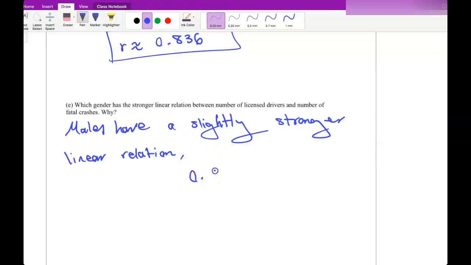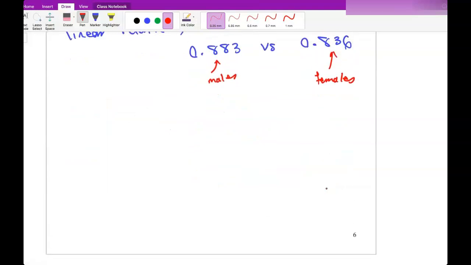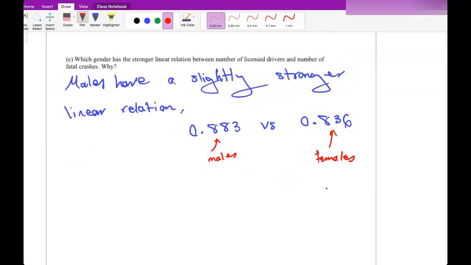That is 0.883 versus 0.836. So this was for males, and here was for females. Okay, we finished the sport.